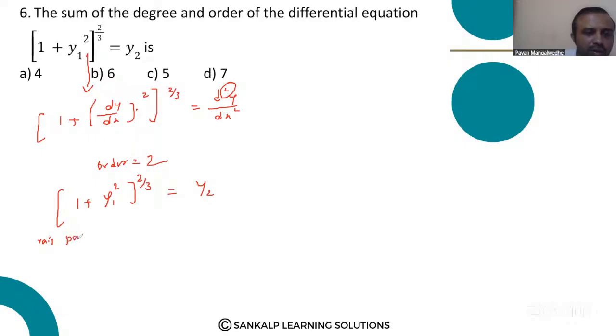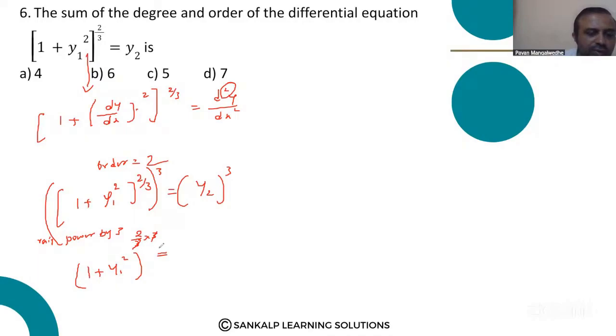So the whole raised to 3, in the sense it is 1 plus y1 squared raised to 2 by 3 into 3, where 3 and 3 got cancelled.